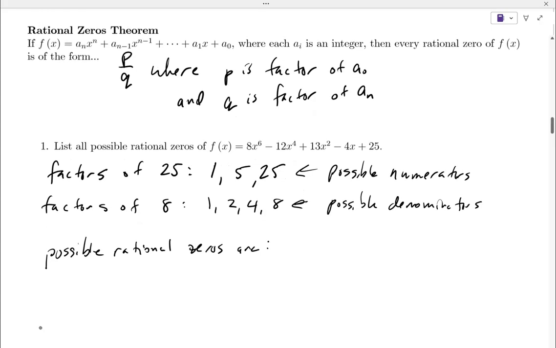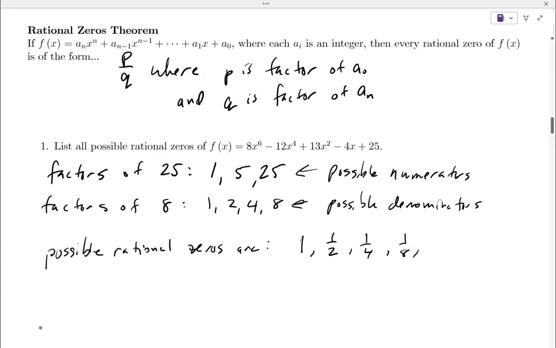Well, I'll start with the 1. You can make a 1 over 1, which is just 1. A 1 over 2, which is a half. 1 over 4, which is a quarter. 1 over 8, which is an eighth, right? That would just be the numerator of 1 and the denominator of the other 4.